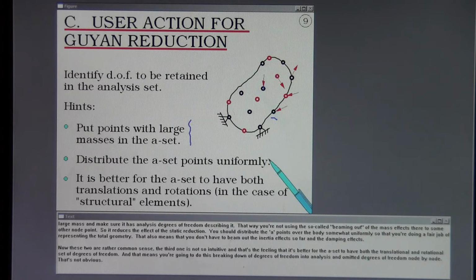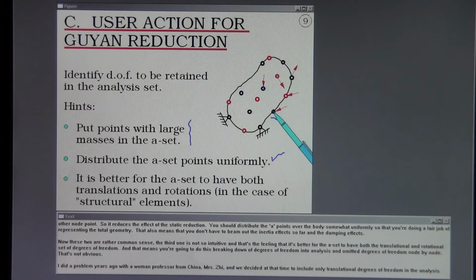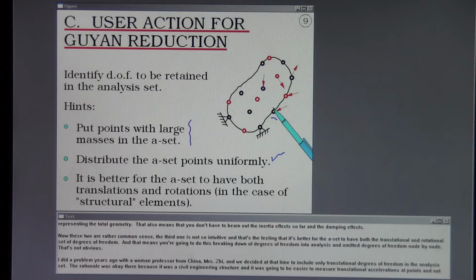You should distribute the A points over the body somewhat uniformly so that you're doing a fair job of representing the total geometry. That also means that you don't have to beam out the inertia effects so far and the damping effects.